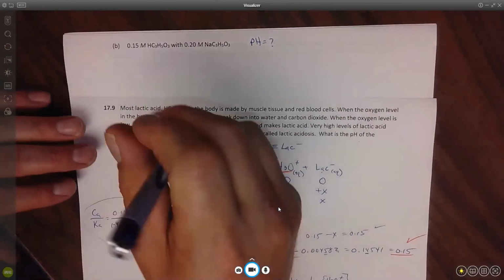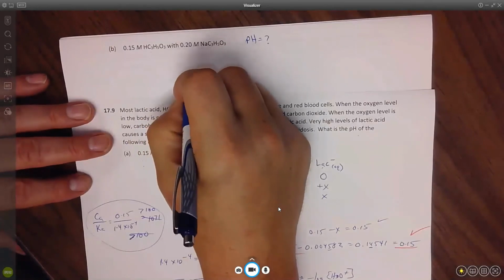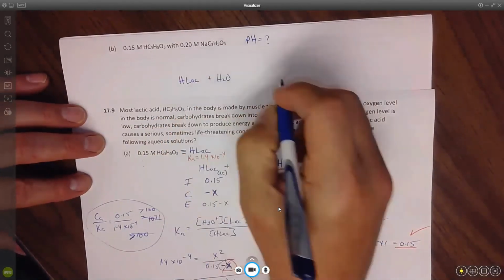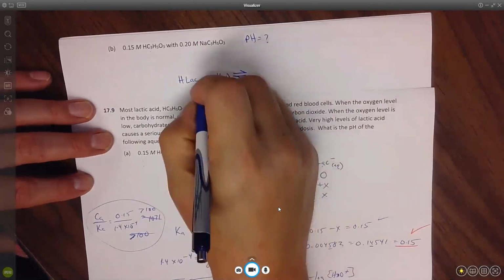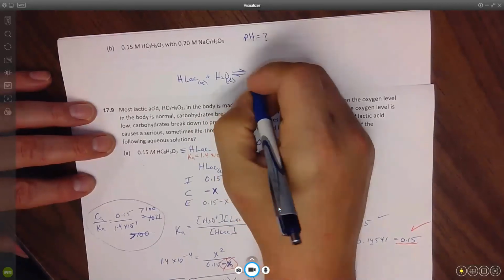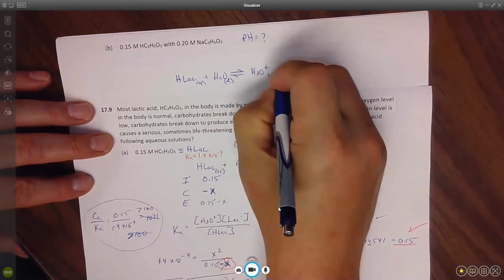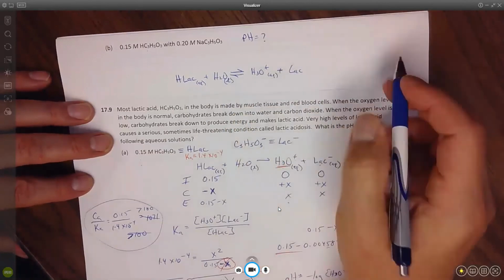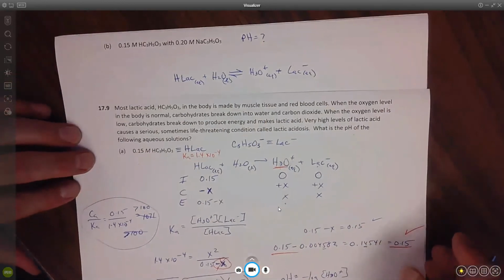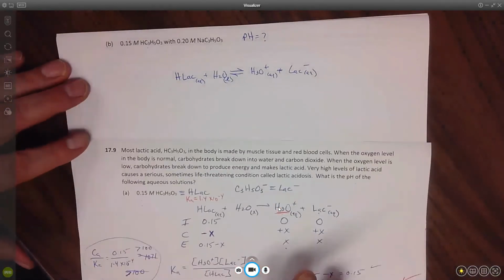And we know in water, that weak electrolyte is only going to partially dissociate or react. And as we've already seen, it's going to form the hydronium ion and leave behind the conjugate base, the lactate ion. Okay. And again, anytime we have a weak electrolyte, we're going to have an ice table to set up.